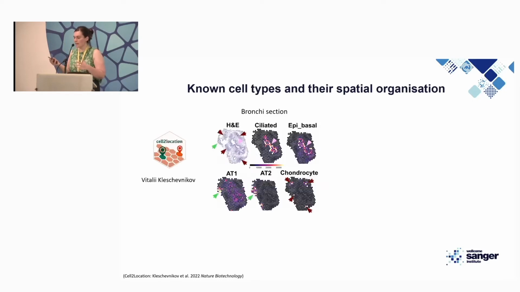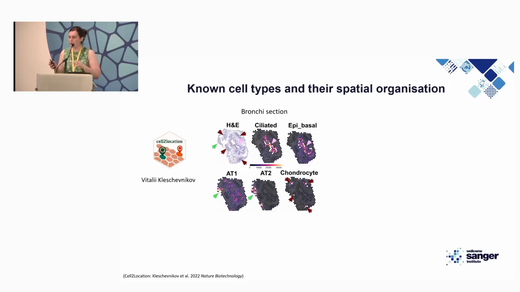And so first, we were really able to show that we could identify known cell types in their expected locations. And I think this is really important as a kind of proof of concept that these techniques are really working quite nicely, and the algorithms and the computation is working. And so here, this is a bronchi section. We have, with the pink arrow in the center of the H&E, the epithelium.